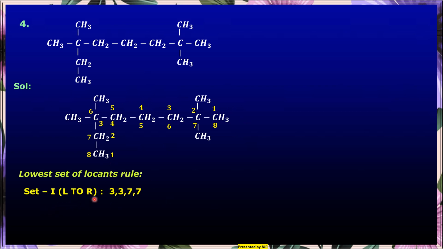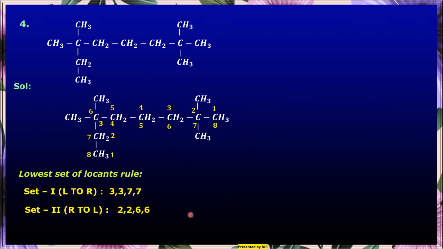Set 1 left to right. If numbering is done from left to right, third carbon atom contains 2 methyl groups. For that reason 3, 3 and here 7, 7. From right to left, you see here second carbon atom contains 2 methyl groups, so 2, 2. Here sixth carbon atom contains 2 methyl groups.